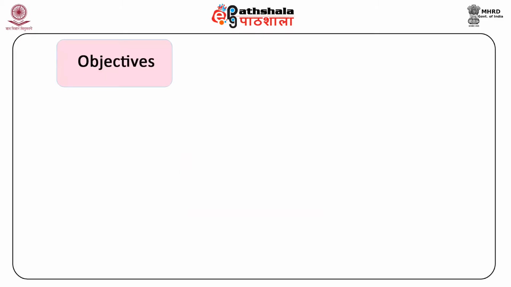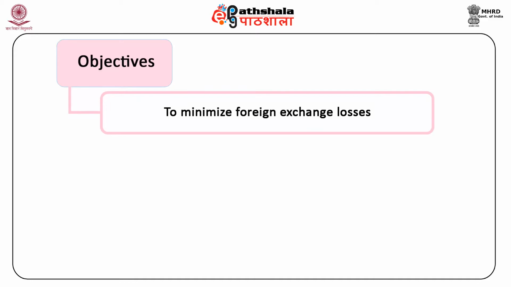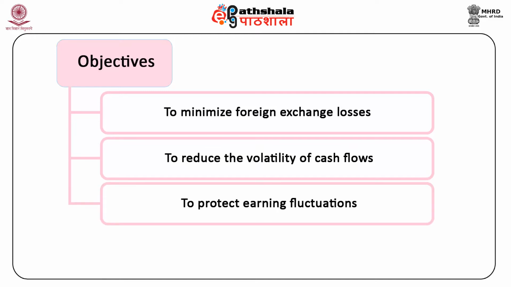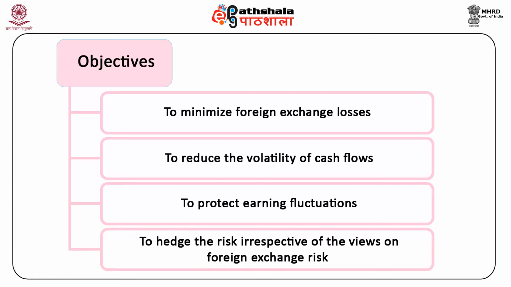When choosing between different types of hedging, the risk manager must compare costs, taxes, effects on accounting conventions and regulation. Several objectives can be assigned to risk management. The most common ones are to minimize foreign exchange losses, to reduce the volatility of cash flows, to protect against earnings fluctuations, and to hedge the risk irrespective of the views on foreign exchange rates.